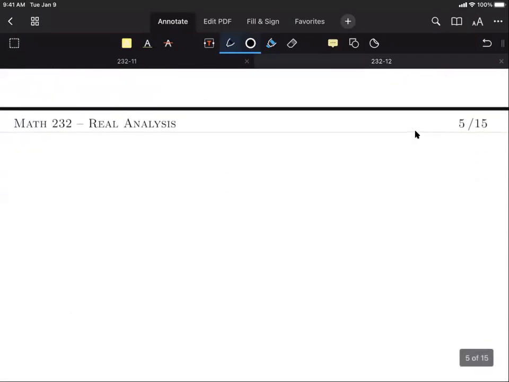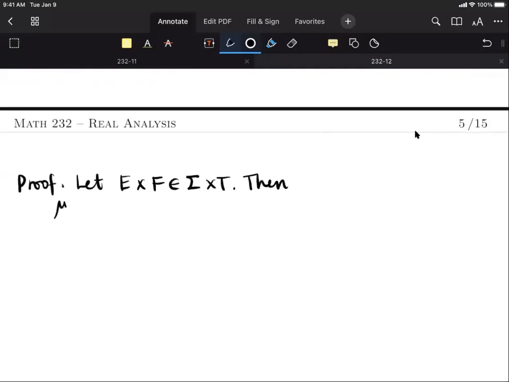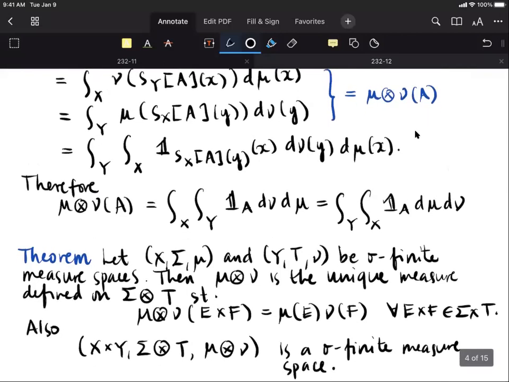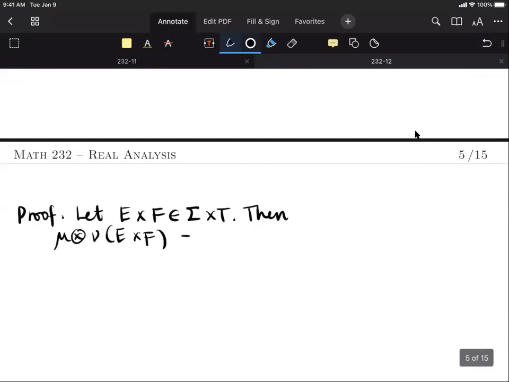So for the proof, if I take an E cross F in sigma cross T, then according to this formula, so let us use one of them. This is the integral over x of the integral over y of the characteristic function of the Cartesian product.